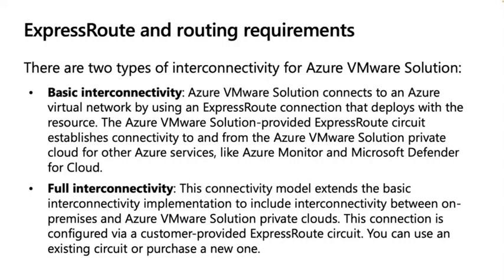I wouldn't do production with it, especially if you're planning to migrate from your on-prem to the cloud. I wouldn't use basic, but that's all you need to get up and running and get into the environment securely. Full interconnectivity is when both sides have an ExpressRoute circuit. So we have our ExpressRoute, and then the customer has their ExpressRoute. We connect them, and then you can have full connectivity back and forth.